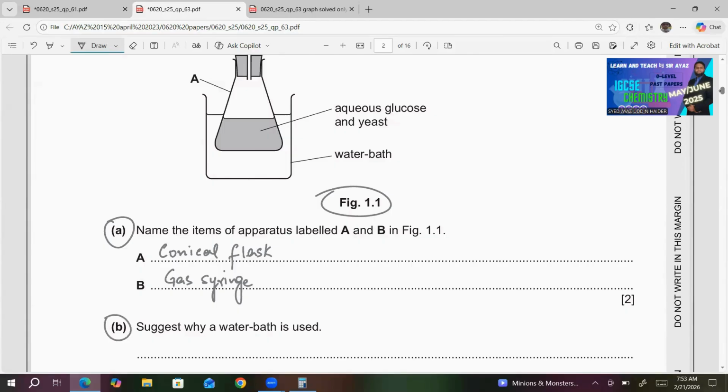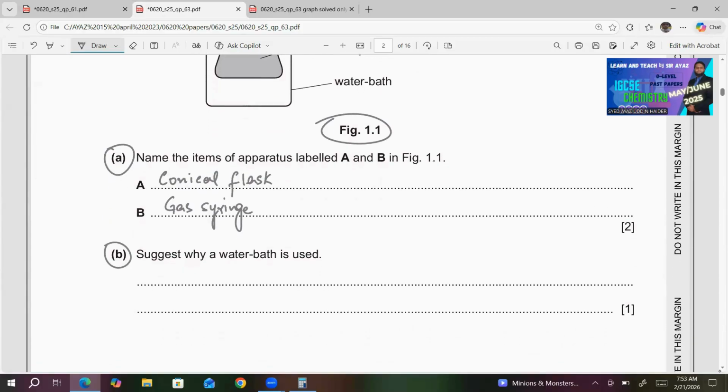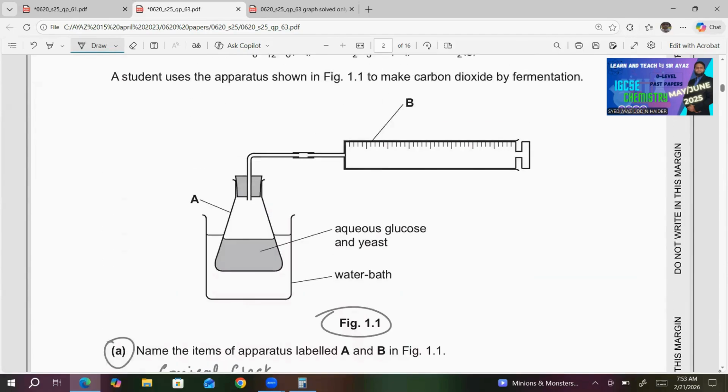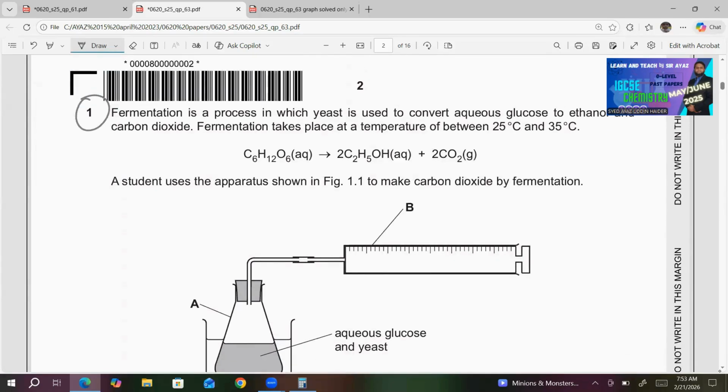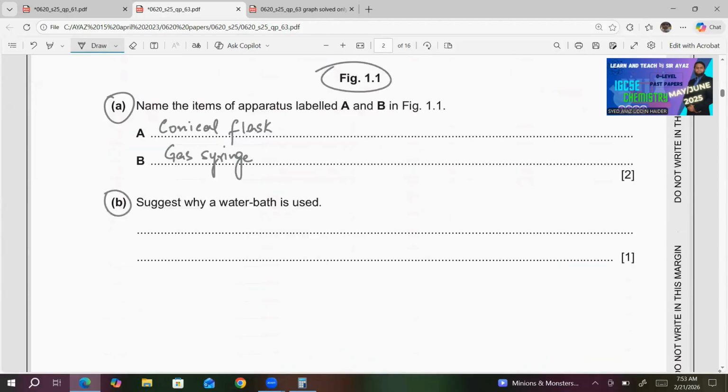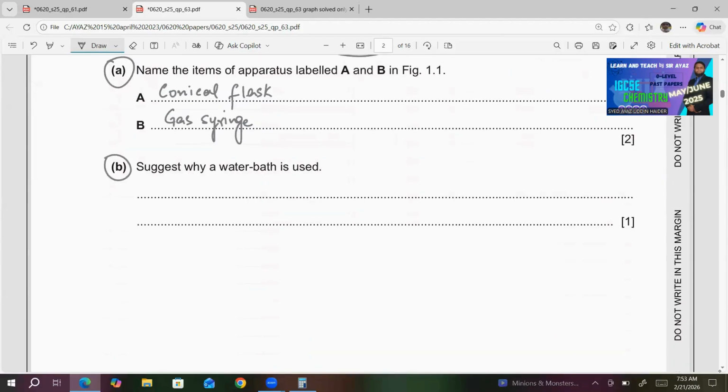Part B. Suggest why a water bath is used. If you look at the question, they have mentioned the temperature, that is, you have to maintain the temperature between 25 and 35 degrees centigrade. And if you have a water bath, you can maintain it more properly.